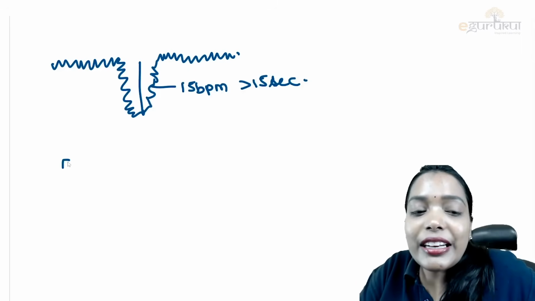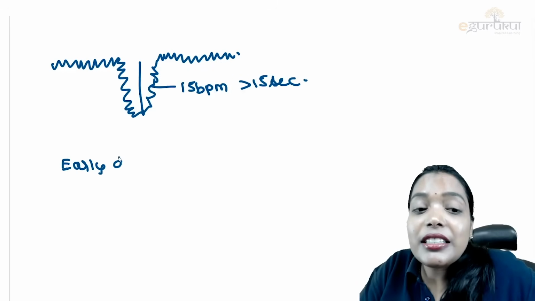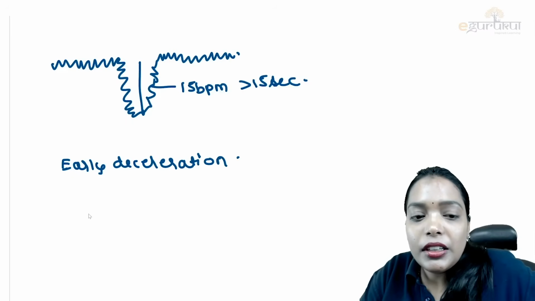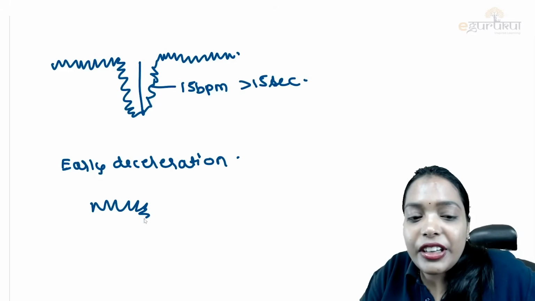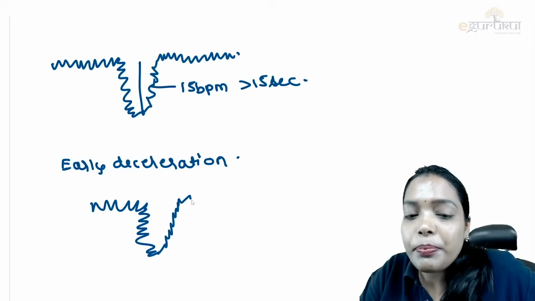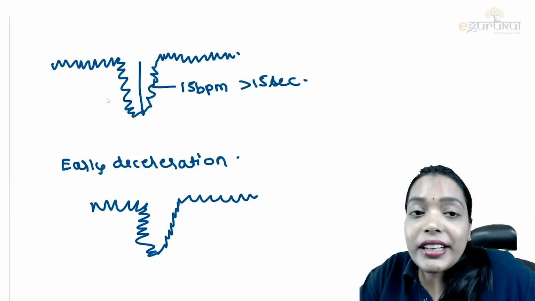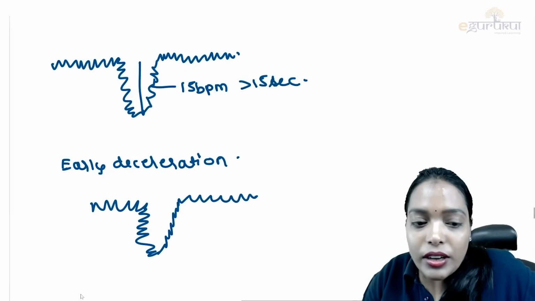So what is early deceleration? Early deceleration is where the decrease in the fetal heart rate, nadir means peak decrease in the fetal heart rate, and recovery of the fetal heart rate coincides with the onset.